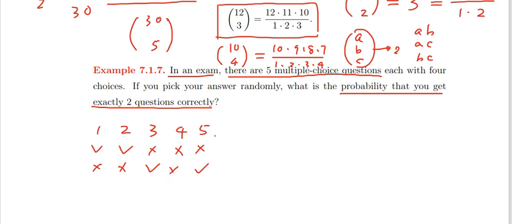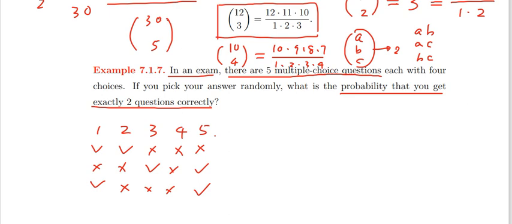There are too many cases. So let's just say we pick 2 questions from the 5 to be correct, and the others are not correct.